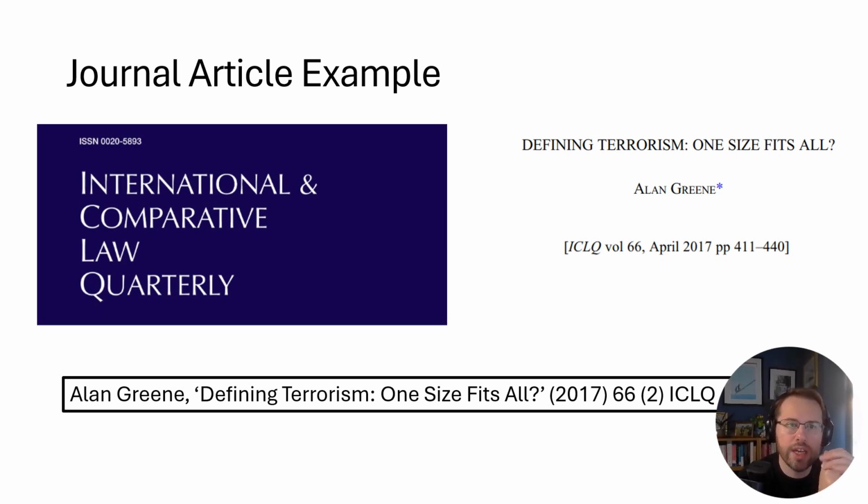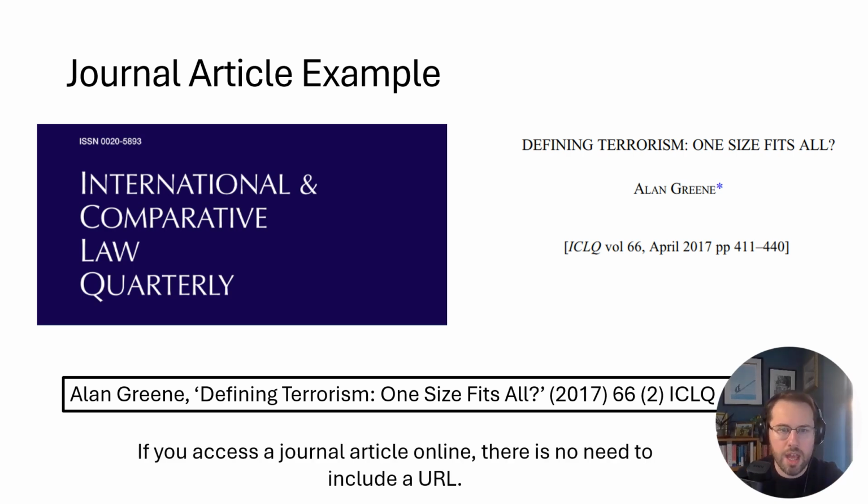Then instead of writing International and Comparative Law Quarterly, which would be 5 words, you can just go ICLQ, and then we look for the page 411. You don't need the pp there for that, and then you might be referring to a specific page. Then you would include that as well.